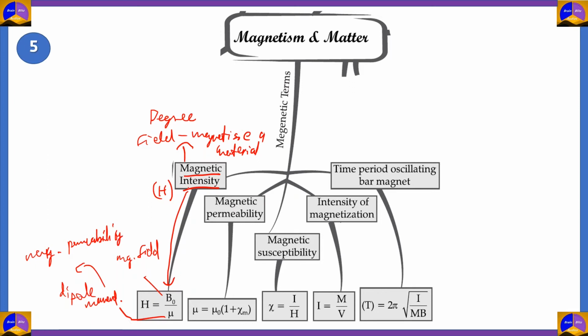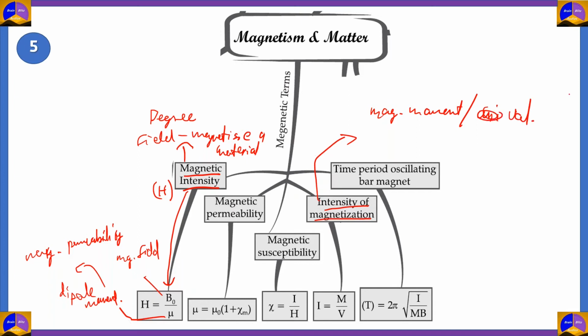Now, we've learned about magnetic intensity, but over here we see that there is another quantity which is called intensity of magnetization. In case you're wondering if they're the same, no, they're not. Intensity of magnetization refers to the magnetic moment per unit volume of the material.